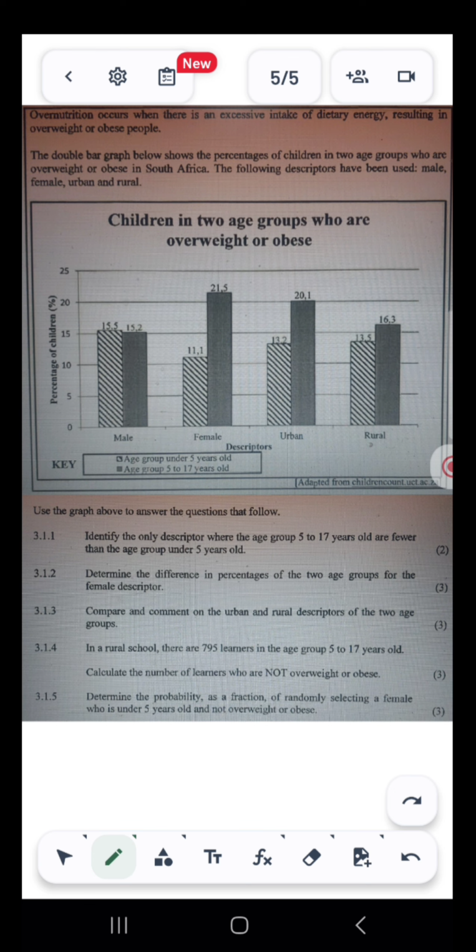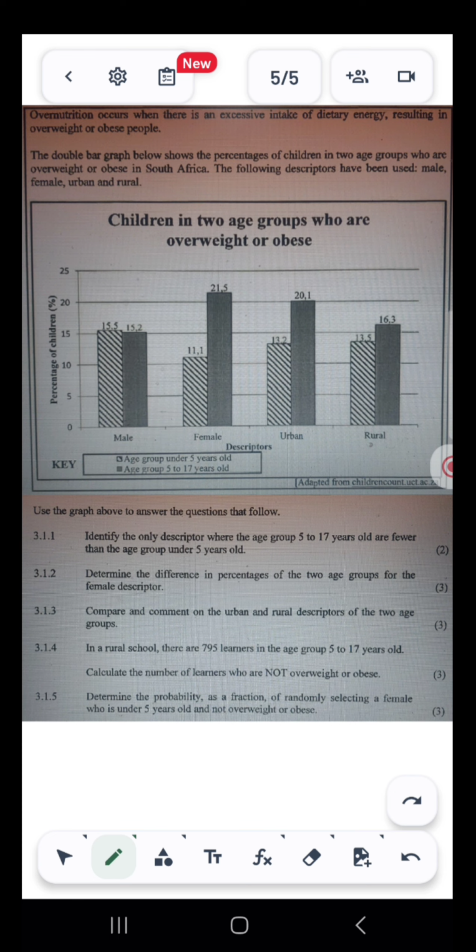Then we see, okay, for males overall, the ones under 5 is about 15%, and the males between 5 and 17 is almost 15%, if not actually 15%. So the difference is not big. For females, when you look at the age group under 5 years, it's 11.1%. And then when you look at the girls between the age of 5 and 17, it's 21.5%.